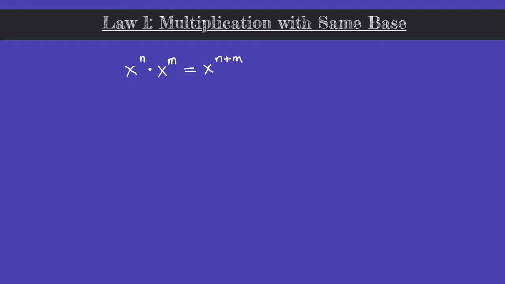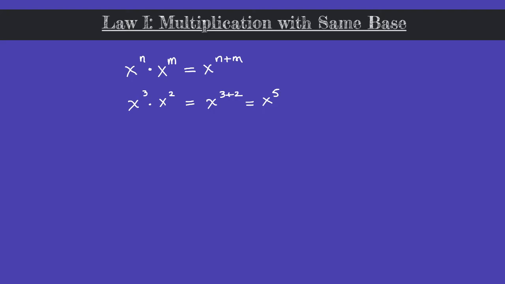So if I change the n and the m to numbers, it will be x to the power of 3 multiplied by x to the power of 2, which should be equal to x to the power of 3 plus 2, which is equal to x to the power of 5. And that's pretty much what it's saying.